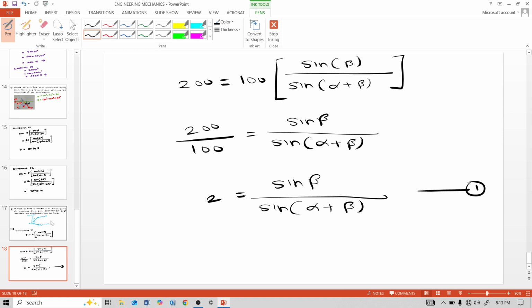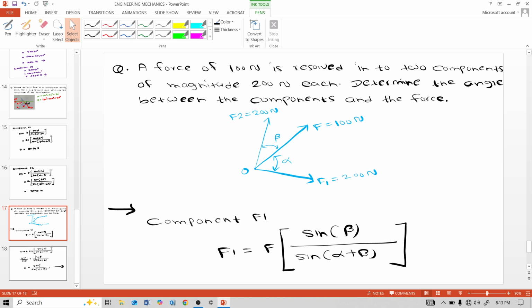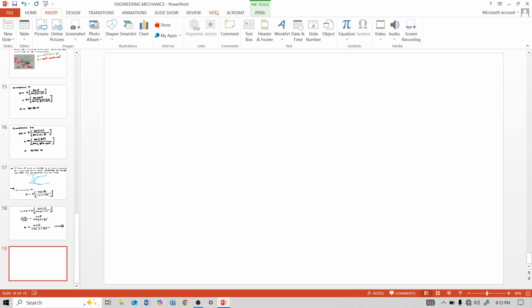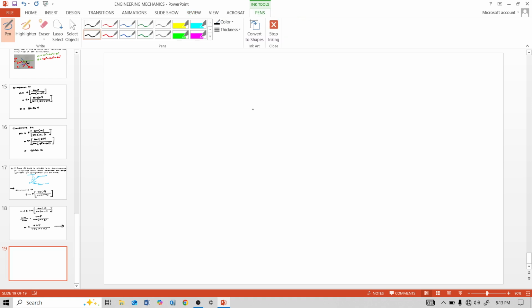Now next we will find the F2 component. Just see how I am solving it. The F2 component is equal to the force F times the sine of, not the angle between F and F2, but the angle between F and F1.